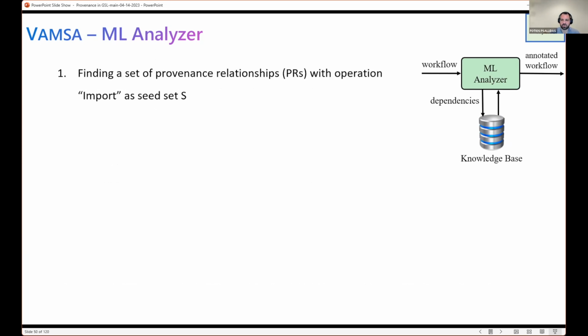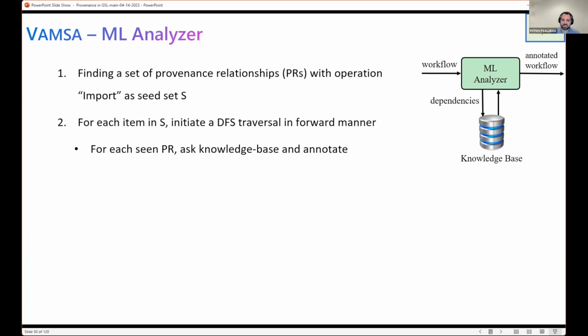To be a little bit more specific on how this algorithm operates, we first find the provenance relationships from the import operations, and we set this as a seed set. And then for each item in this seed set, we initiate a forward DFS traversal. And in this traversal, for each provenance relationship that we encounter, we ask the knowledge base, and we annotate the caller, the input, the output, and the operation, so the components of this provenance relationship.